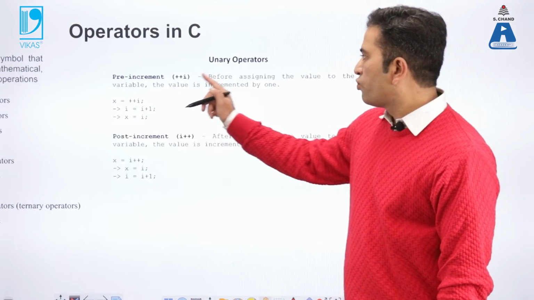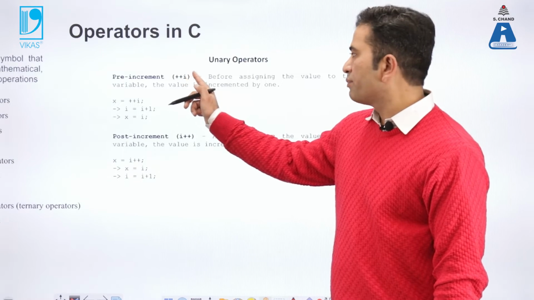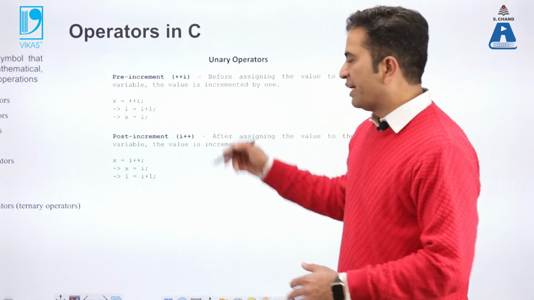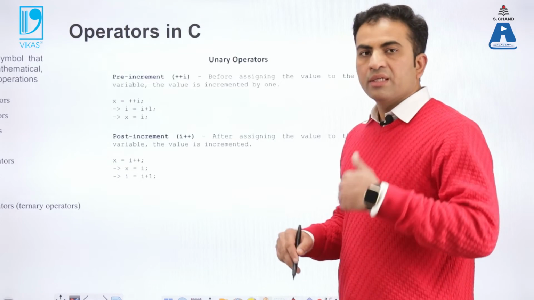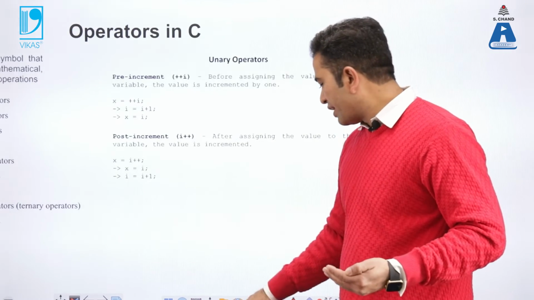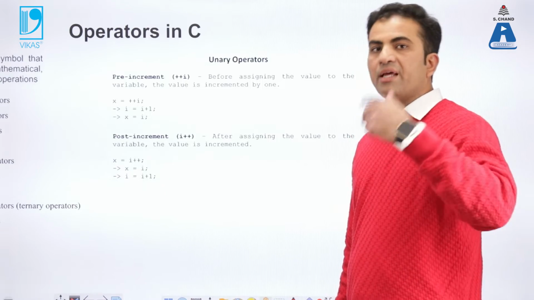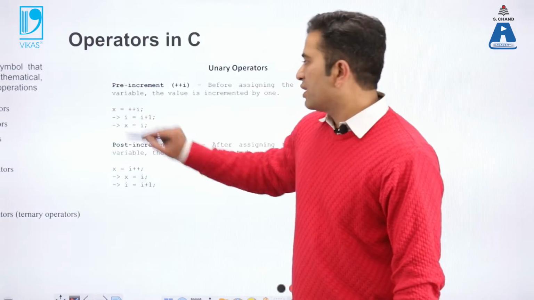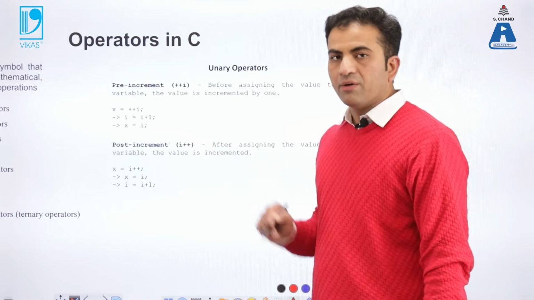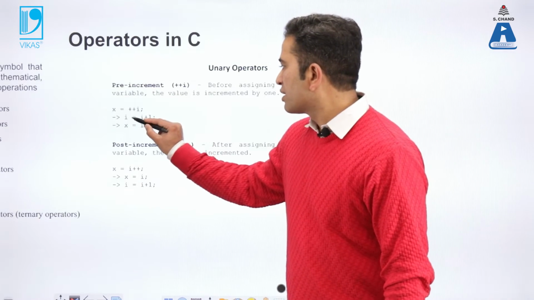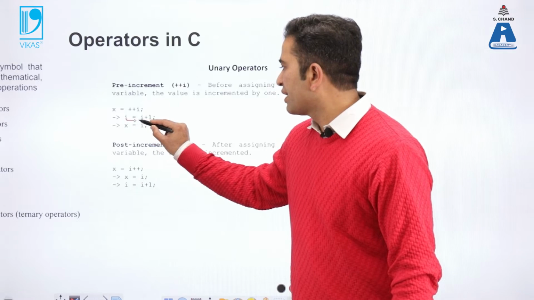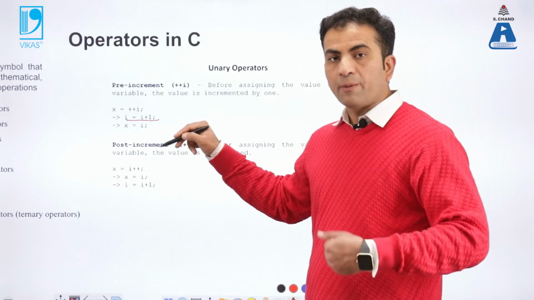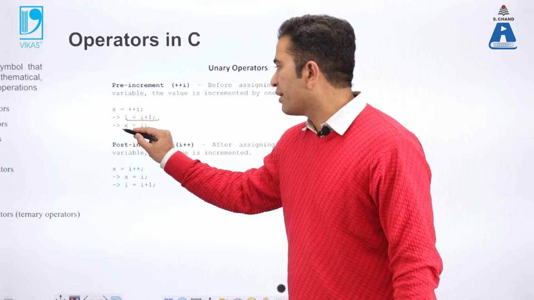Pre-increment means the unary operator comes before the variable. The meaning of pre-increment is, first the value of that variable will be increased, then the value will be assigned. x equal to plus plus I means first the value of I will be increased by 1, and then that updated value will be assigned to the variable x.